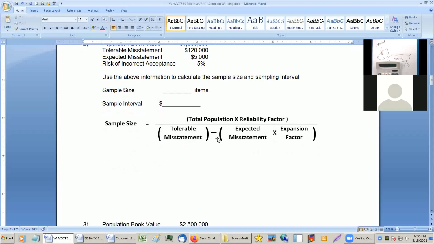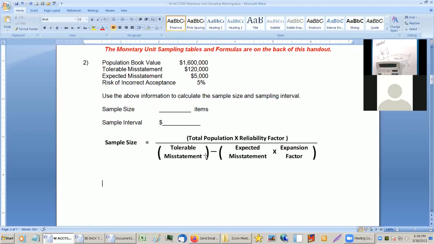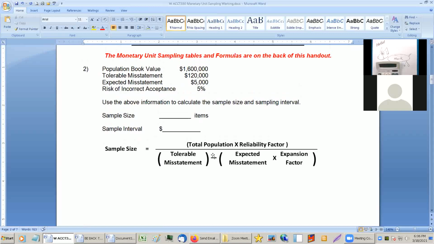Okay, so this is the formula for our sample size. And right away, the one thing you'll notice about the calculations that is nice is there is no standard deviation. You don't need to find the standard deviation to do this method.